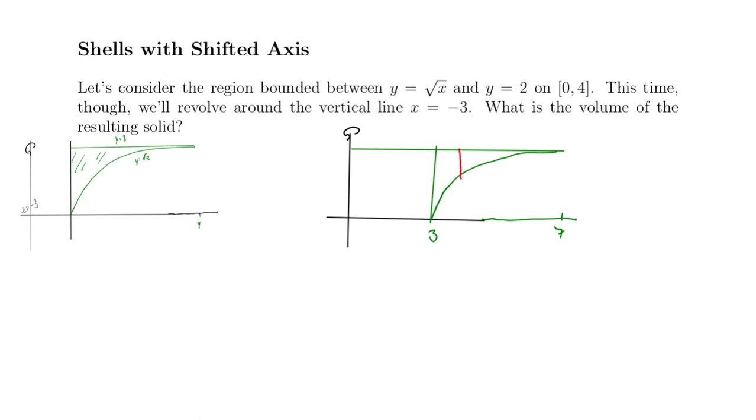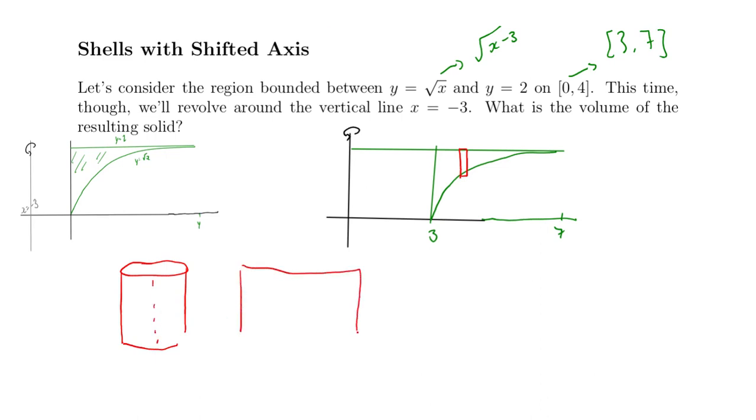Now, when we do that, we have this shell here. Our function changed. Remember now, it's the square root of x minus 3. And our interval changed. It's 3 to 7. So we can think about our cylinder. When we cut it open, we get a rectangle.